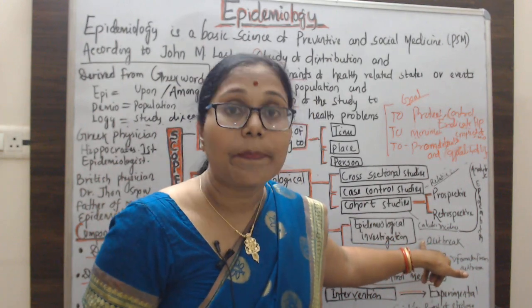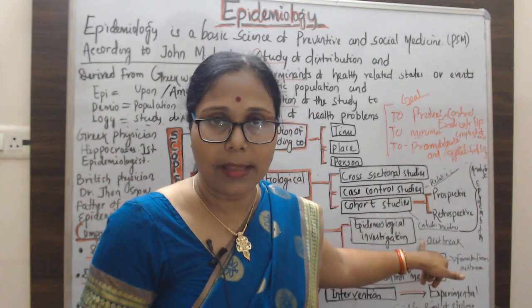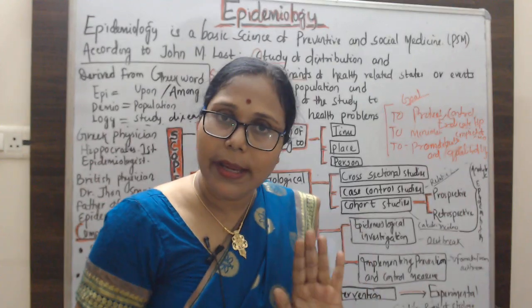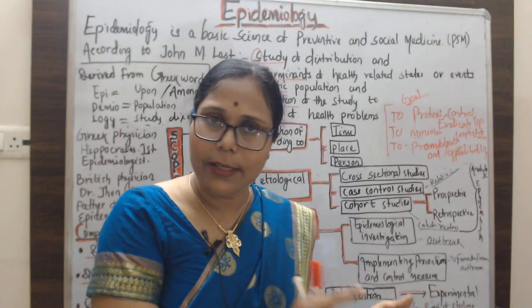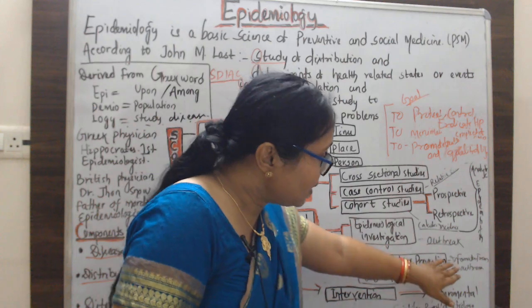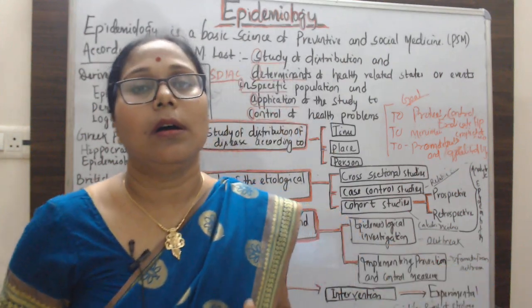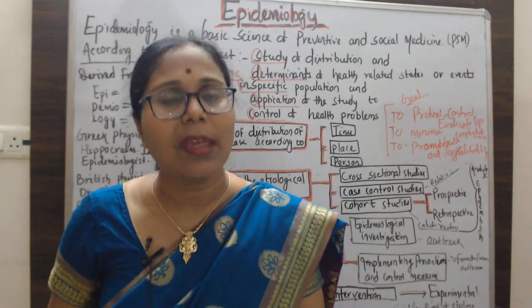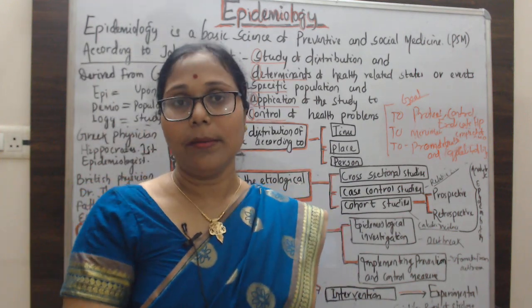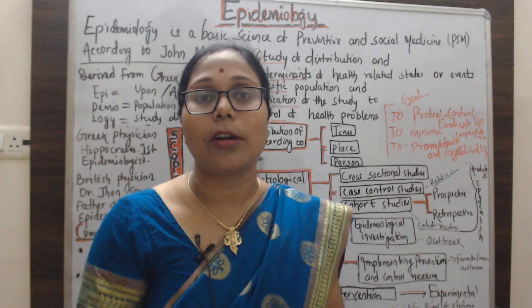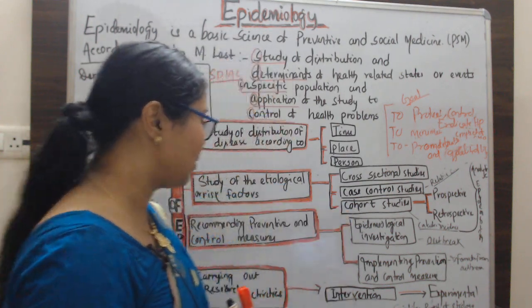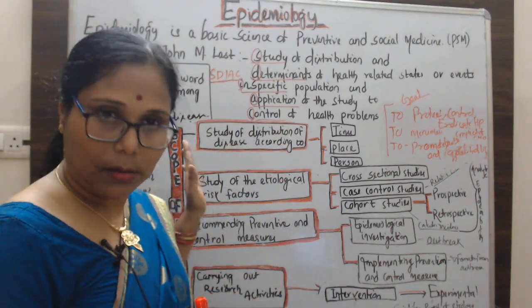The outbreak. There is a chance of an outbreak, and we can identify it early. After that, we know what measures should be taken to control the outbreak. That is another scope of epidemiology.